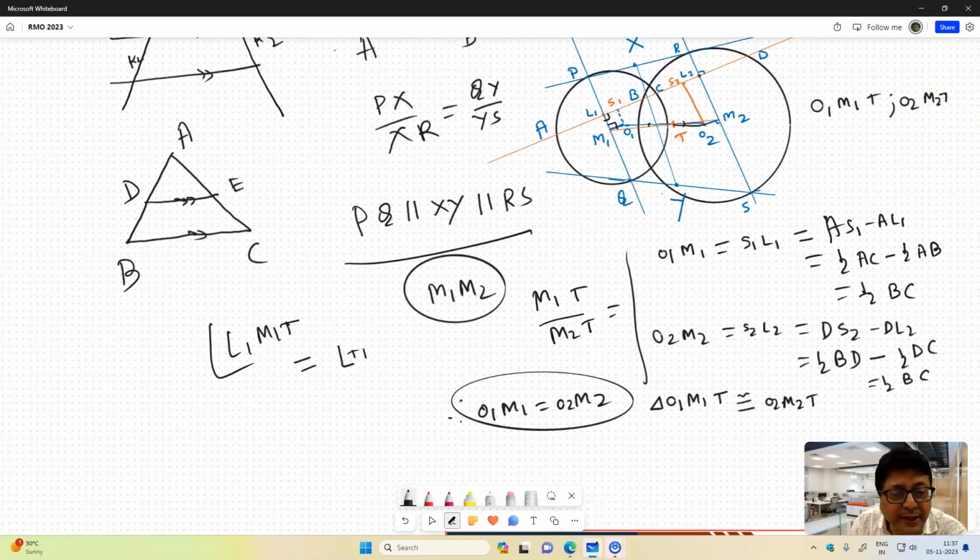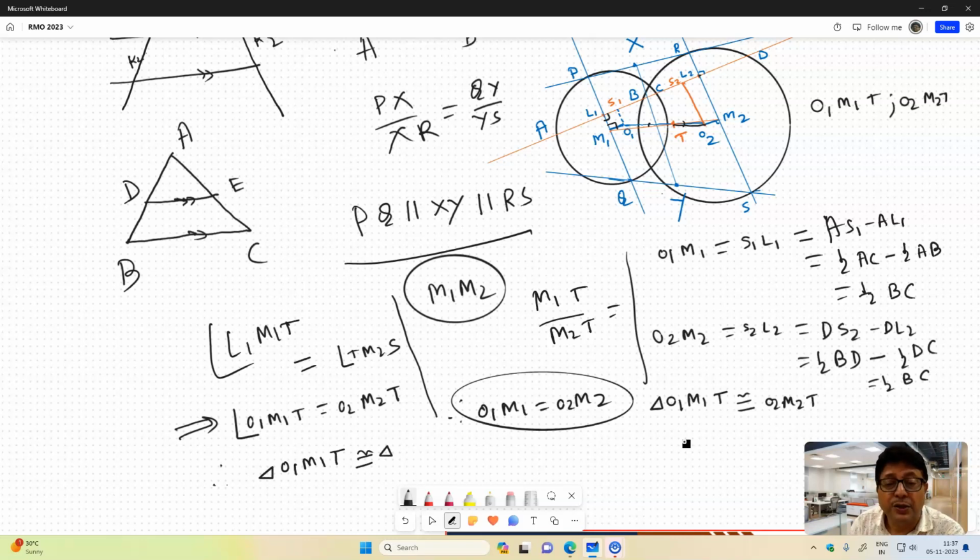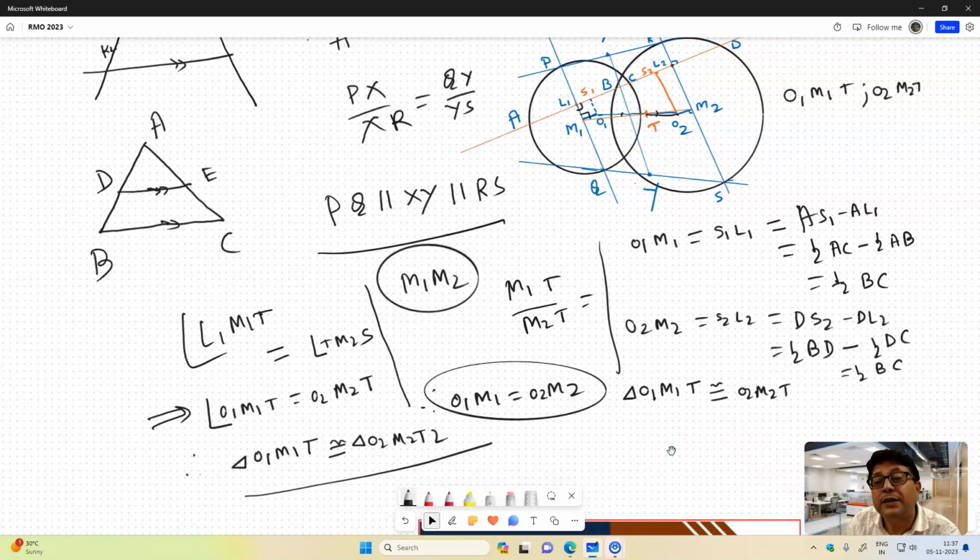When you try this sum again yourself, you must draw a diagram first. So if you subtract 90 degrees from these two, this will give us the angle O1M1T equal to O2M2T. So these two triangles, triangle O1M1T congruent with triangle O2M2T. Isn't it?